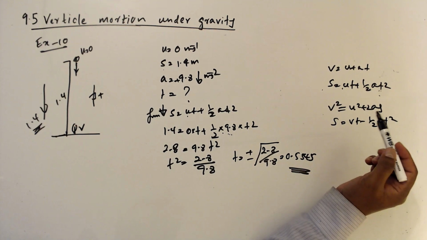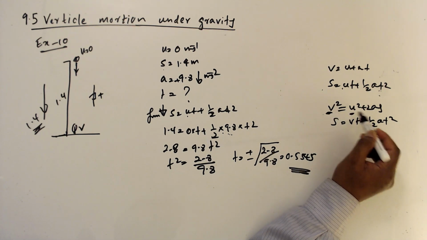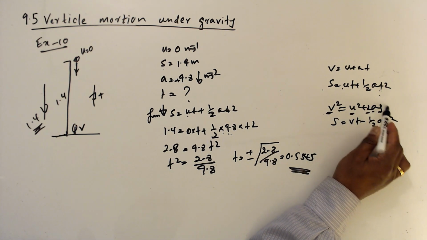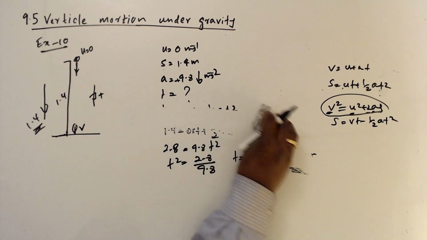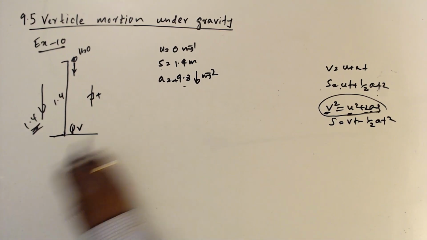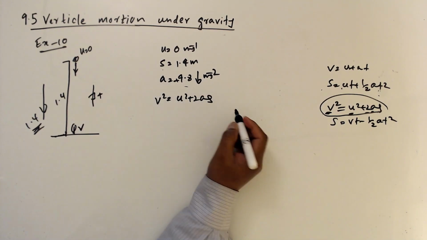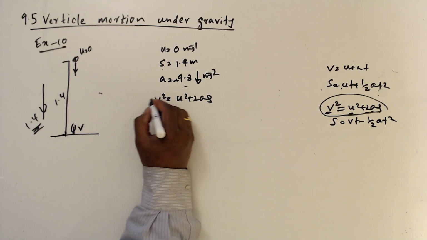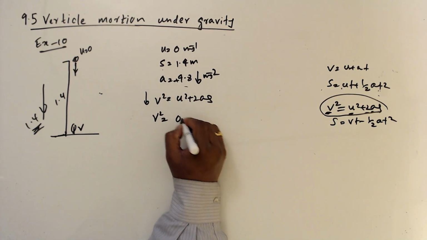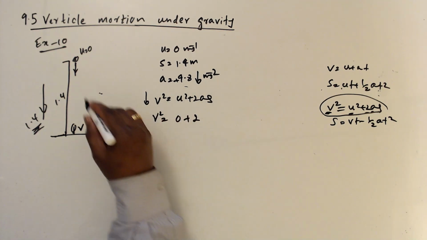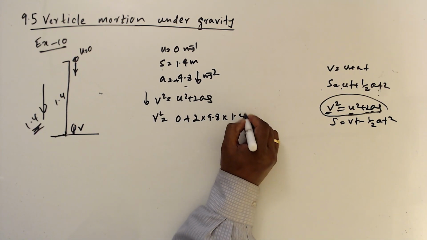Then we need v, we know u, a and s, so we can work with this equation: v squared = u squared + 2as. Putting downward as positive, v squared = 0 + 2 times the gravitational acceleration 9.8 times s, which is 1.4.